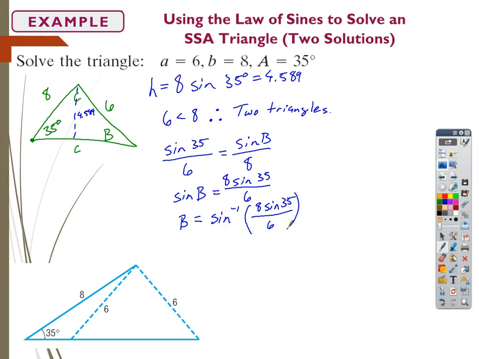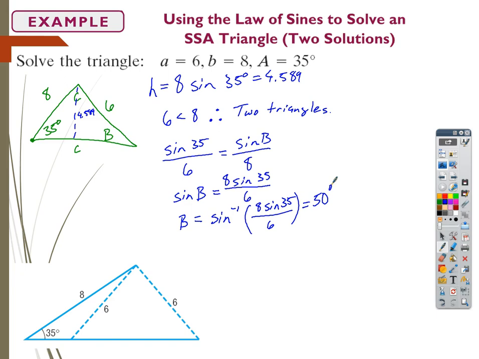And then I take that and I put it in the calculator to find out what b is. And that's going to give me b equal to 50. Now if you're doing this at home, okay, it's not going to be exactly 50, but for the sake of argument, I'm going to make life easy. I'm going to say 50 degrees. Okay, great. So b is 50 degrees. I'm happy with that.